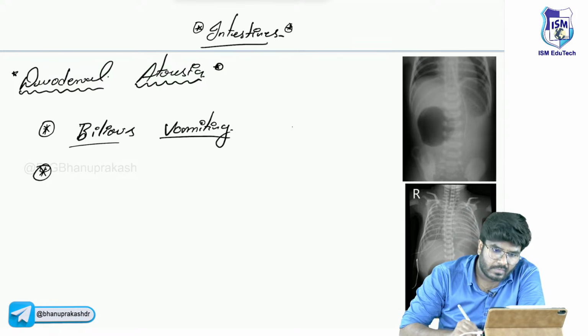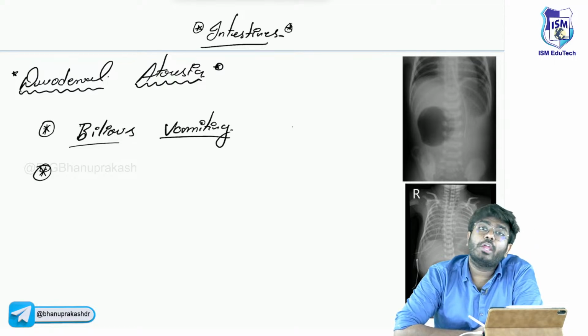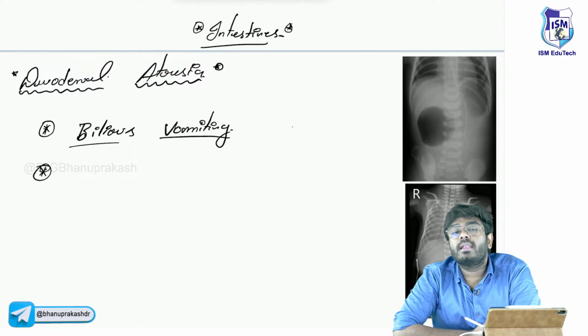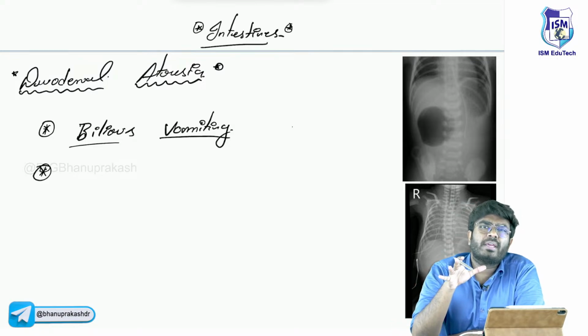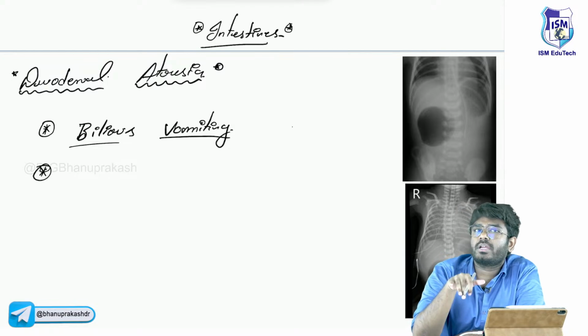Now, these patients who have duodenal atresia, during their intrauterine life you can have a predilection that this baby might have duodenal atresia. Do you know how?